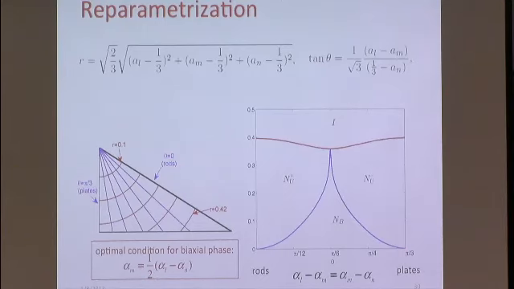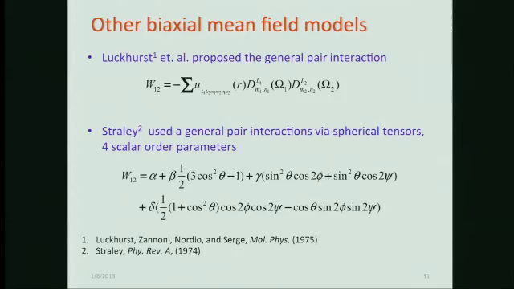And in the middle of this horizontal axis corresponds to the spatial shape of the particles, which is the optimal configuration for the biaxial phases, because you get the direct second order phase transition from isotropic to biaxial phases. That is really the simple application of the Maier-Saupe to biaxial phases.